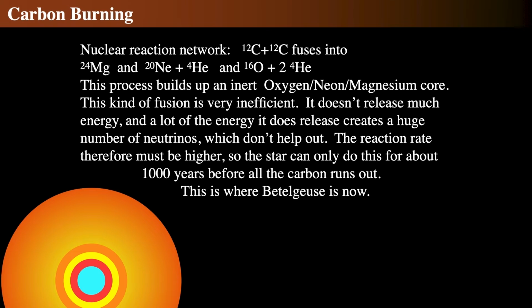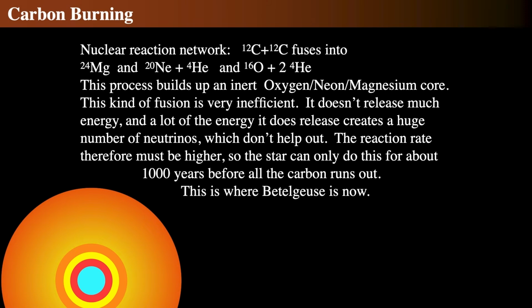And then we get all sorts of reactions. Carbon burning is a new set of reactions that happen for stars that are much more massive than the sun. Carbon can slam into another carbon nucleus, and that forms magnesium. Neon can slam into helium, and oxygen can slam into two helium nuclei, and that builds up an oxygen-neon-magnesium core.